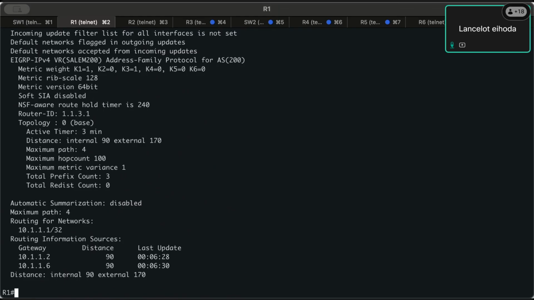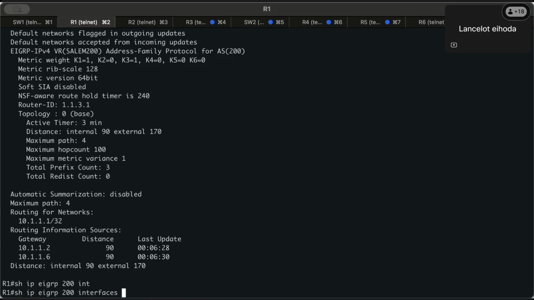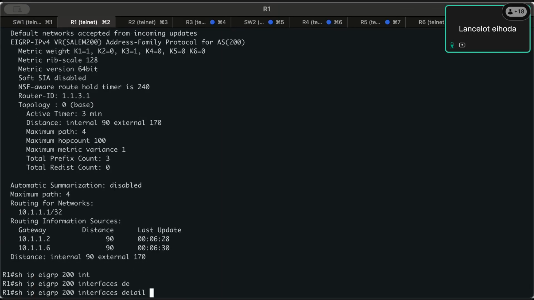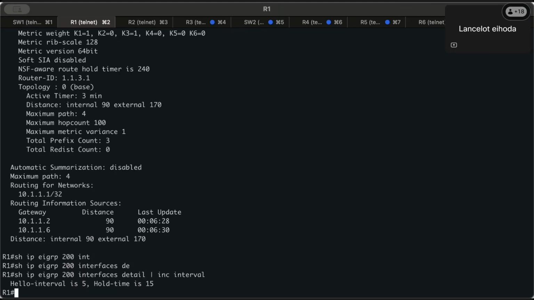So if you do a show ip eigrp 200, and remember that the timers are on the interface, interface detail, and then include interval. So what's it telling you now?